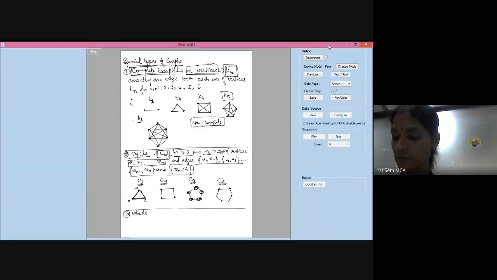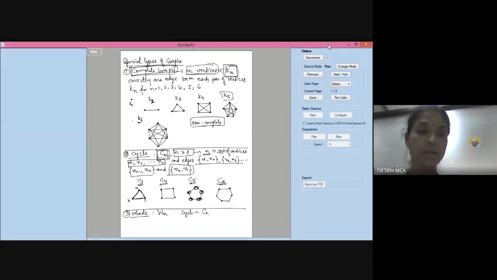Next. The next important special type of graph is called wheels. We represent a wheel by Wn. You all know now what is a cycle. We have been writing cycle as Cn, correct? Where n is greater than or equal to 3.